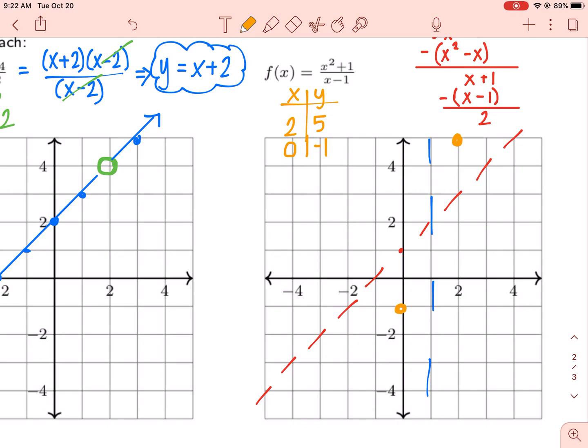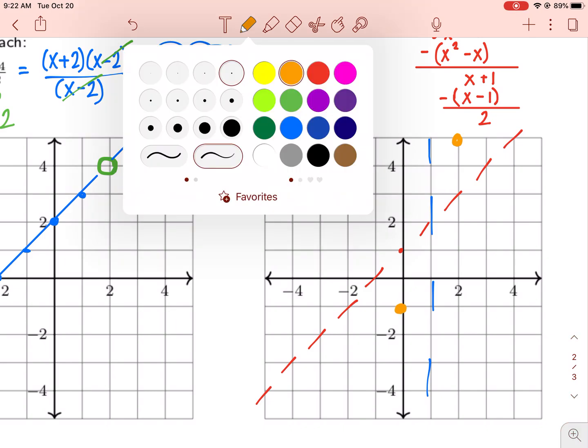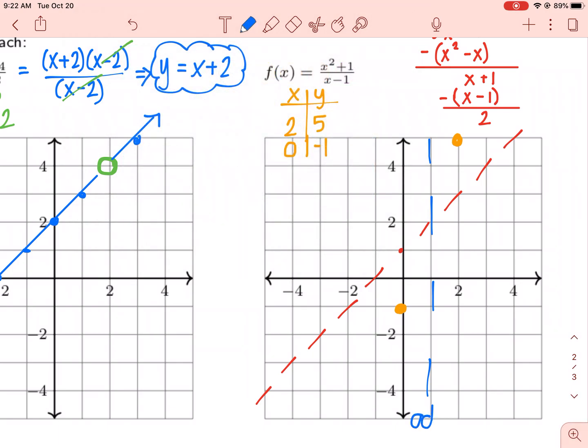So now here's my graph. I know right here this is an odd vertical asymptote because the power on the bottom is 1, so they have to approach in different directions. So if this one approaches down, this one needs to approach up. Kind of a little bit off there, sorry guys. That's how you would graph it, just a new line to hug your curve.